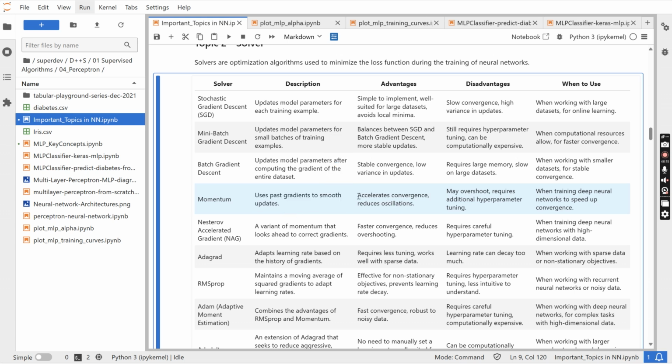How it works, we'll learn in the next class, because if I start explaining again, everything will become mathematical and complex. For now let's park it. Just know the names for now. Next is accelerates convergence, reduces oscillations.